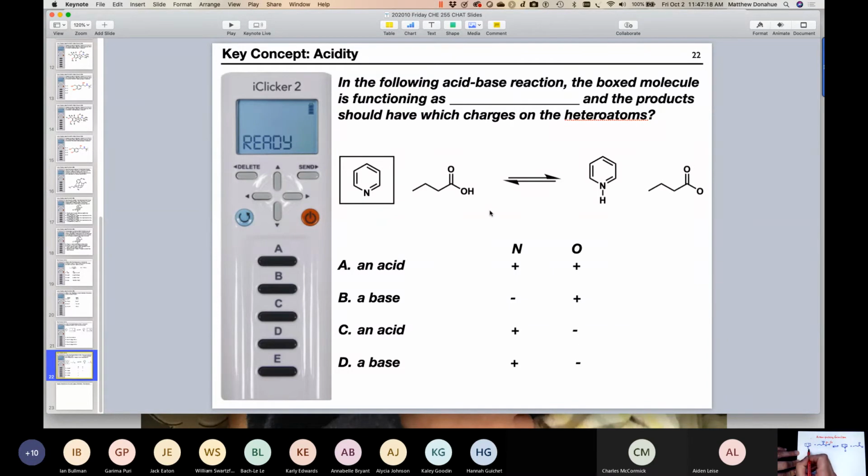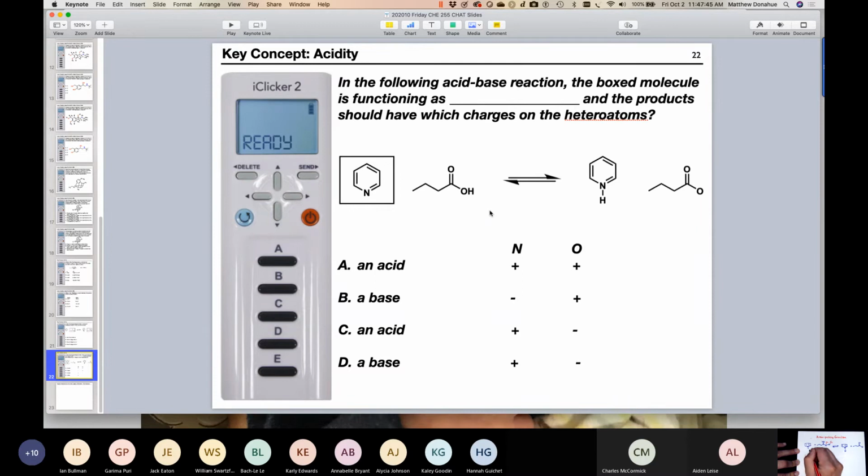So this lone pair of electrons on nitrogen is acting as a base. The function of a base is to abstract. An acid donates. So these things always occur in pairs.